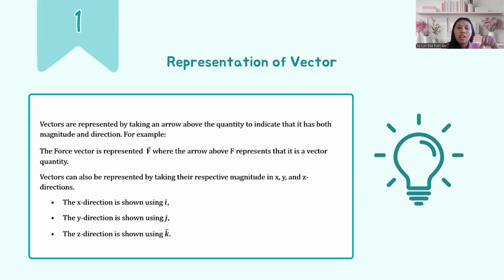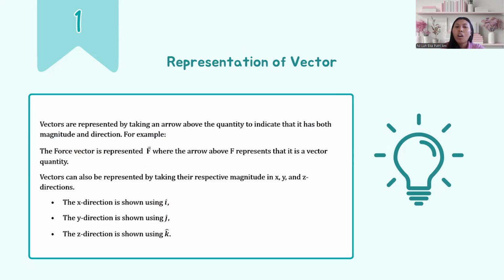Now, representation of vector. Vectors are represented by taking an arrow above the quantity to indicate that it has both magnitude and direction. For example, the arrow above F represents that it is a vector quantity.